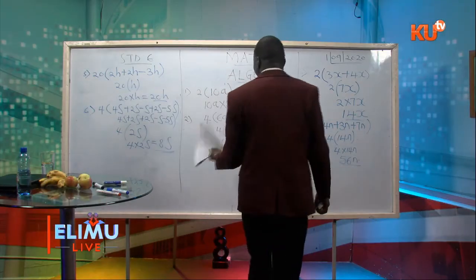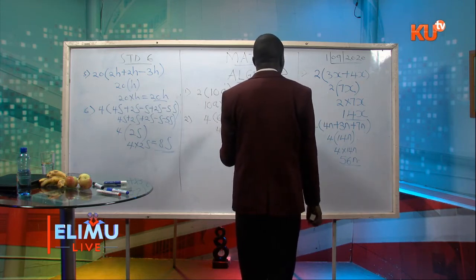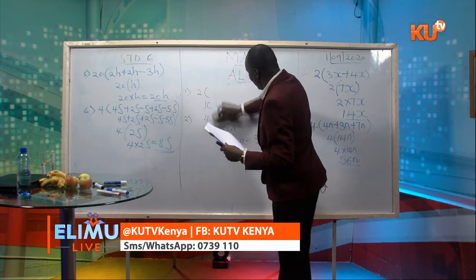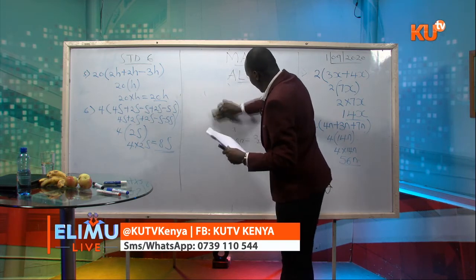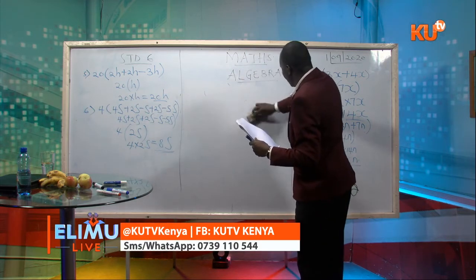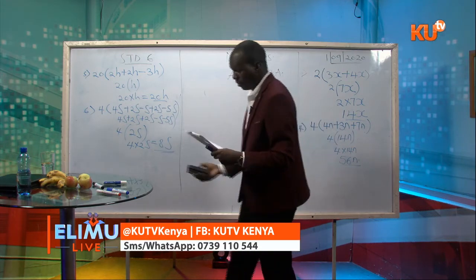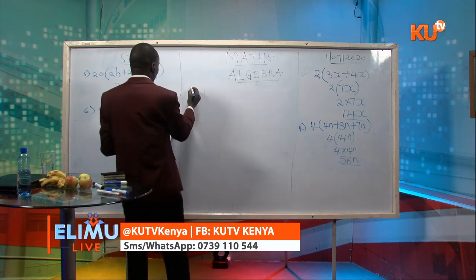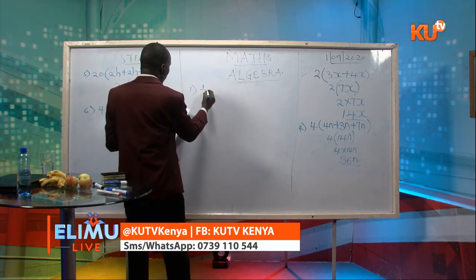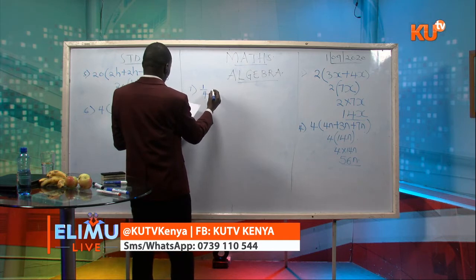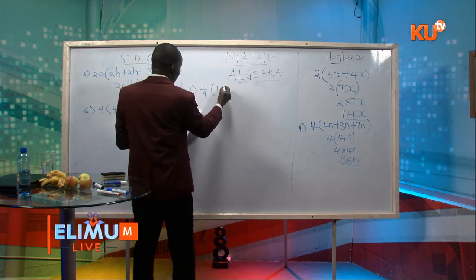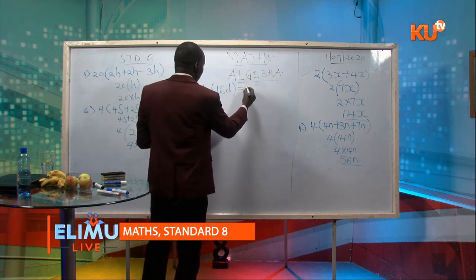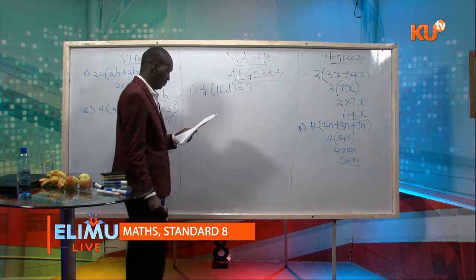Okay. Finally, on brackets, we can do one more example before we move to our next subtopic, still in algebra. We have 1/4, open the brackets, 16d, close the brackets. What do we get?